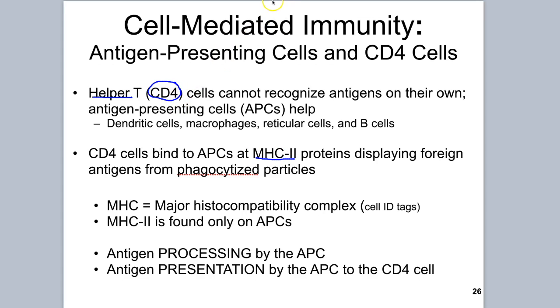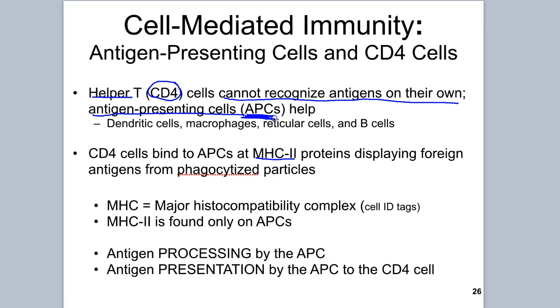The helper T cells can't recognize foreign antigens on their own. They can't just encounter a pathogen in the body, recognize it immediately, and kill it. That's not how they work. The way they recognize antigens is with the help of special cells called antigen presenting cells, APCs.